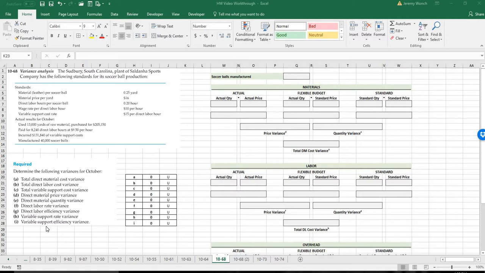And so that's why these variance analyses are so important, because it really digs into the details to understand what's going on, where we're doing good and where we're doing bad, and it doesn't just aggregate all your information. A lot of businesses do use this, especially the bigger you get, the more sophisticated their costing systems are.